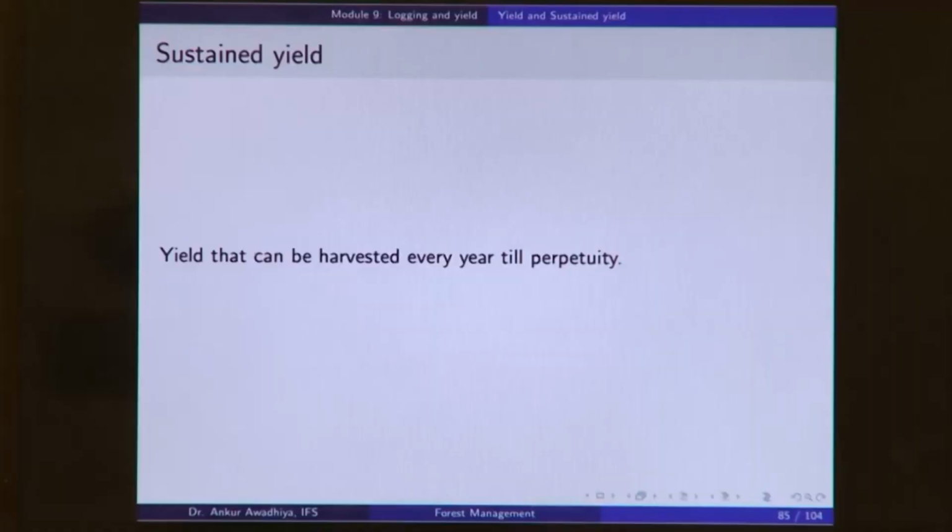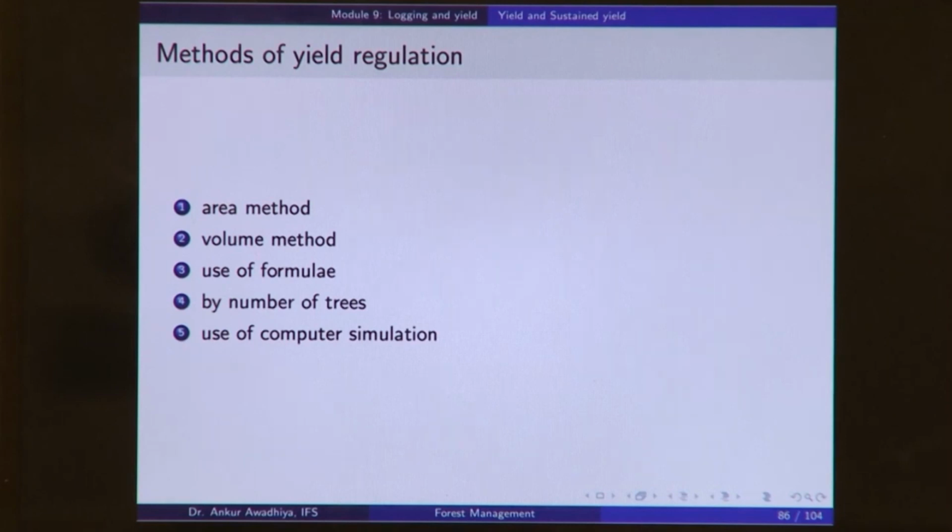So, this is where scientific forestry began. So, sustained yield is the yield that can be harvested every year till perpetuity. This is what they were asking. How much can I extract every year in such a manner that this extraction can be done till infinity, till perpetuity. So, to answer this question, a number of methods were developed to regulate the yield.